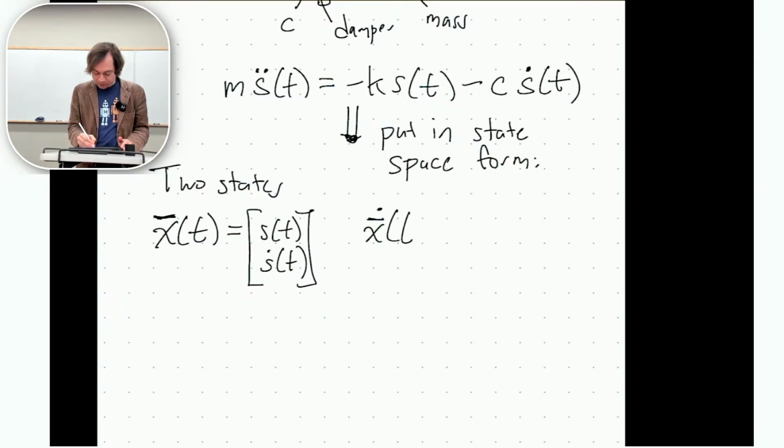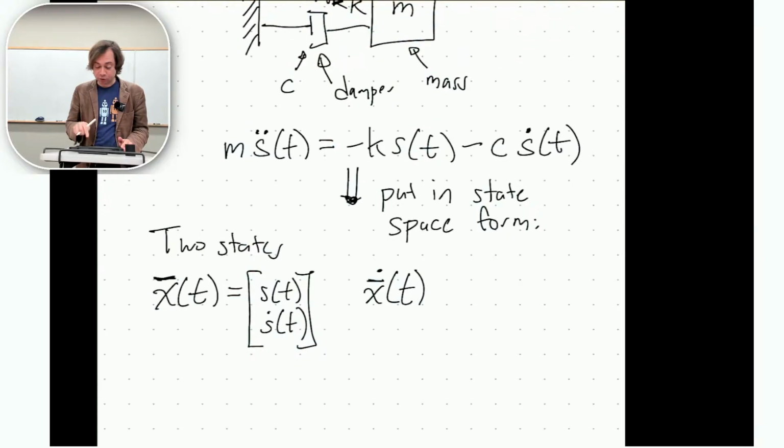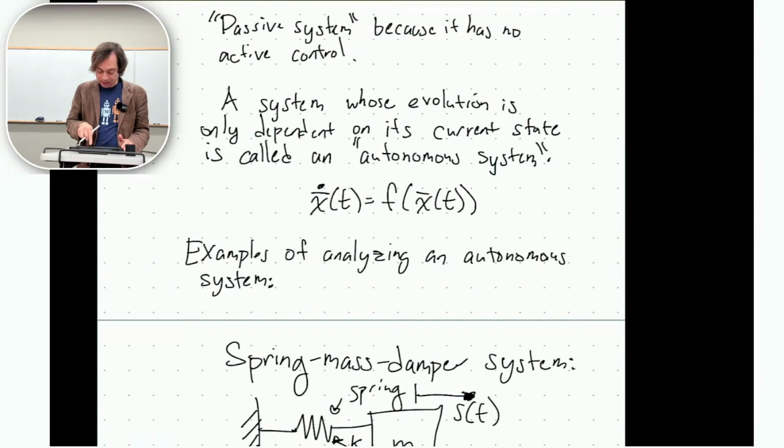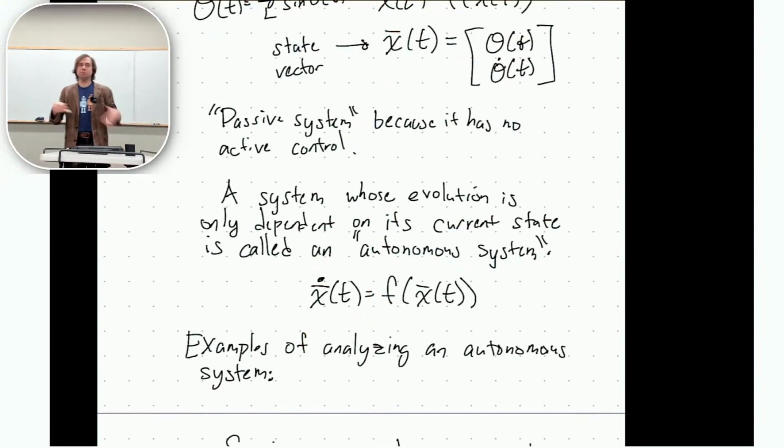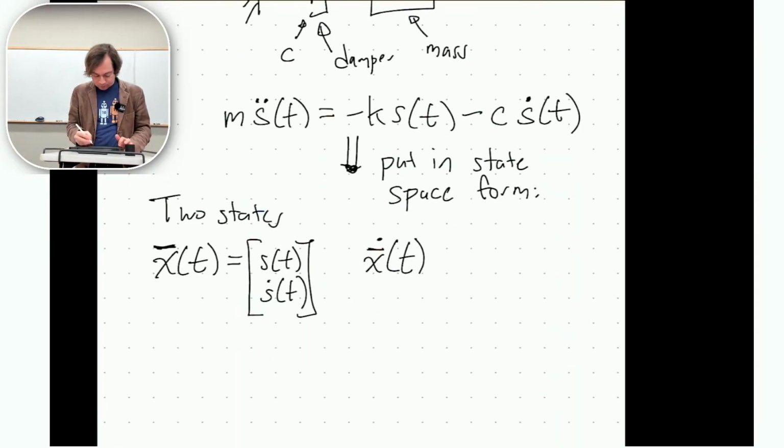So x dot of t, which is the derivative of that vector, because we're trying to put this in state space form, which says that x dot of t is some function of x of t and u of t, but there's not going to be a u of t here. So the derivative of x of t is the derivative of everything inside of x of t. Not too hard.